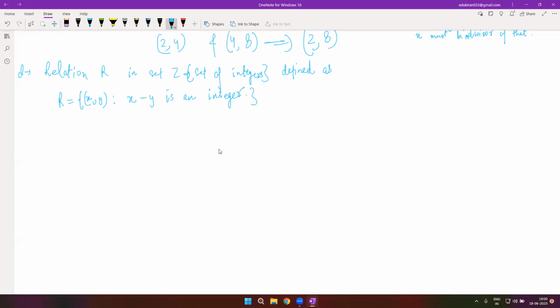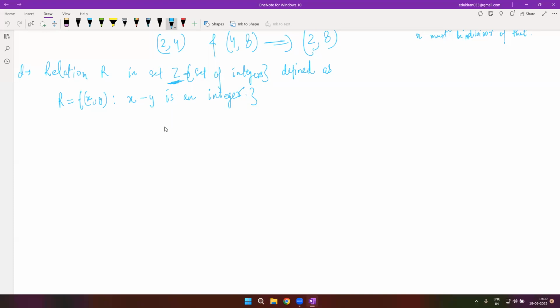Relation R in set Z, that is the set of integers, is defined as the relation which consists of all the x comma y where x minus y is an integer, and obviously x comma y are from this set, right? Because we are forming the relation on this set Z.